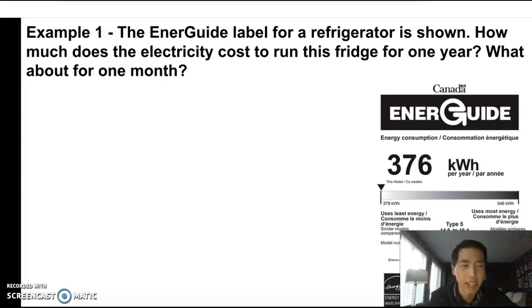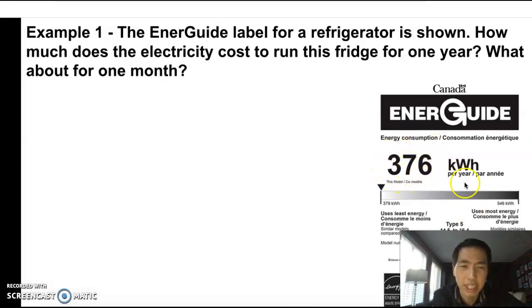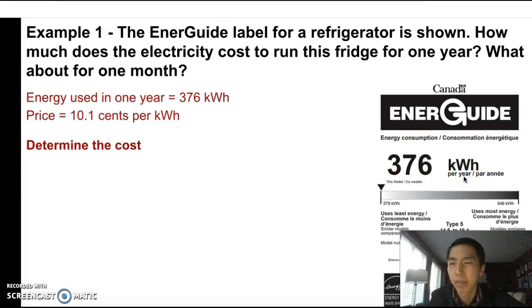How much money is that going to cost us in terms of the electricity we have to pay for a year? The EnerGuide label is here, and this number right here, 376 kilowatt hours per year, tells you how much energy there was.